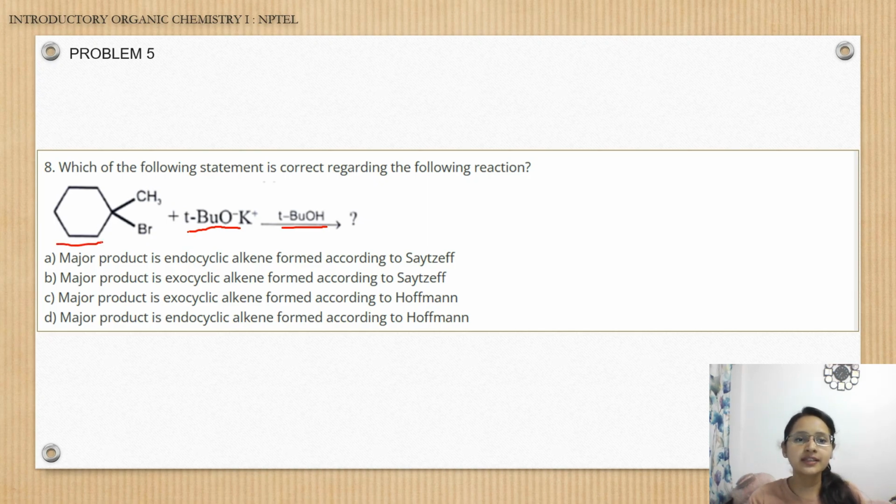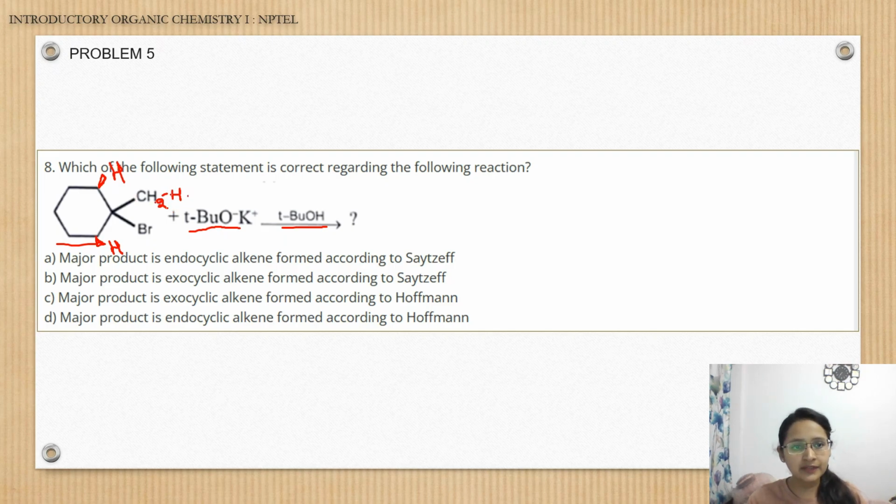This tertiary butoxide is a very strong base. We have talked about it very often: it will take up a hydrogen, and as I have told you, it can take the hydrogen from either side, and a hydrogen can also be taken from this methyl. There is one hydrogen that is also taken up by this particular base.